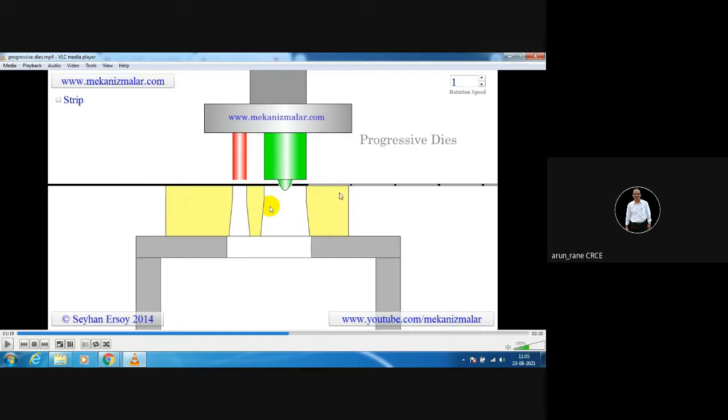You know this strip, when it is feeding, we are using feeders. They are called strip feeders, or even strip can be fed by decoilers and coilers also. But then the strip has to stop exactly at a pitch. Suppose pitch is nothing but the distance between these two stations. Suppose 25, the strip should stop exactly at a distance of 25 mm. But there will be some positioning inaccuracy. So that's why we use a locator. So what do locators do?